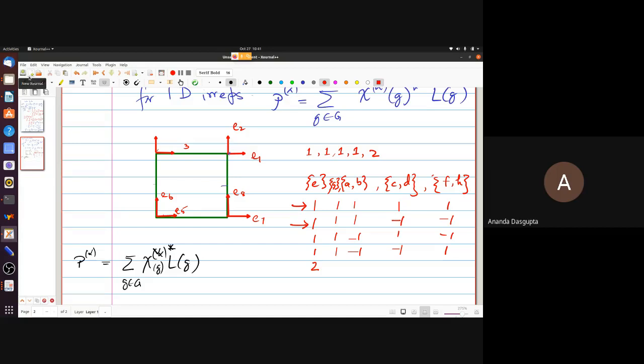Okay, let me just do one more. 1, 1, minus 1, 1, minus 1. Let's look at this one. So quickly, let's use the draw arrow thing. Again, let's start with this vector. This has worked well enough for us so far.